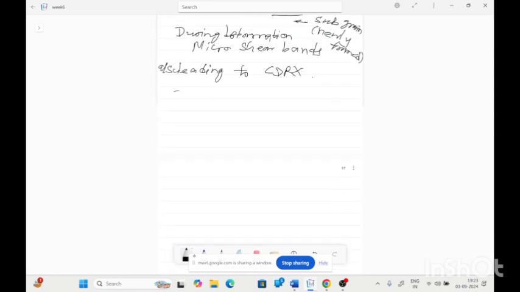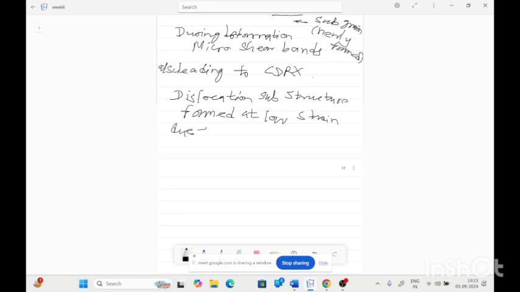So the dislocation substructures are formed at a low strain due to micro shear bands only.